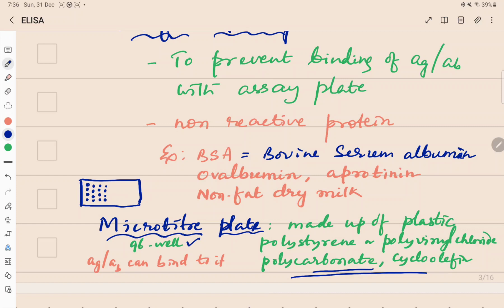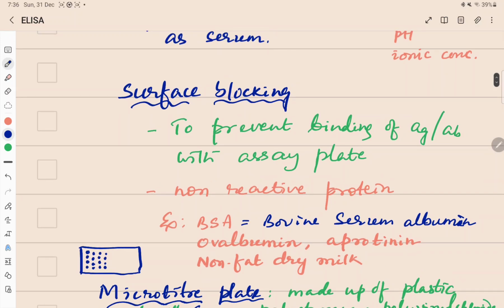So to avoid that, we also have to use surface blocking agents. They should be non-reactive proteins. They should not react with any antigen or antibody. They can only react with the microtiter plate. So that will prevent binding of antigen or antibody with the assay plate.